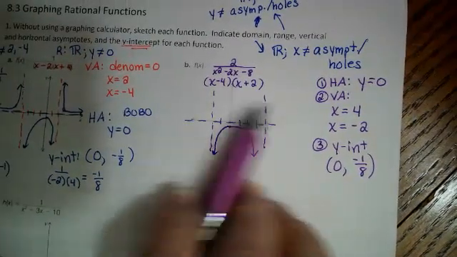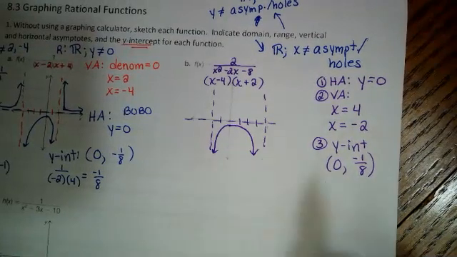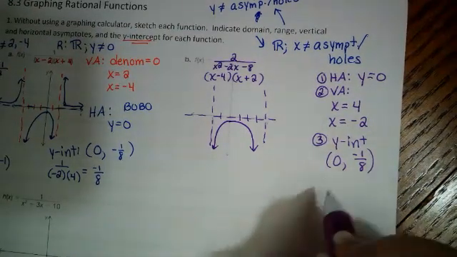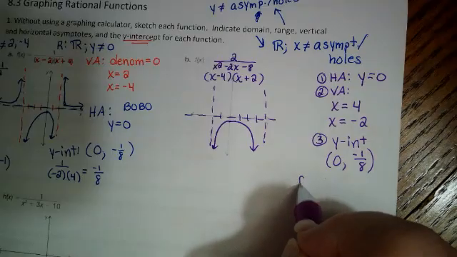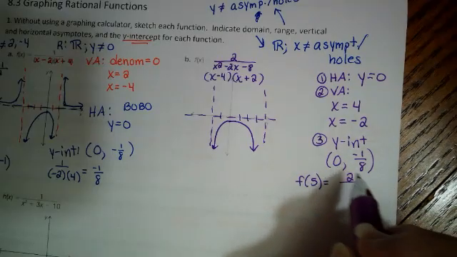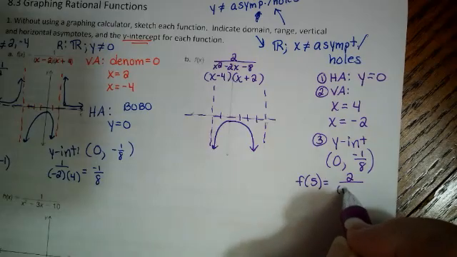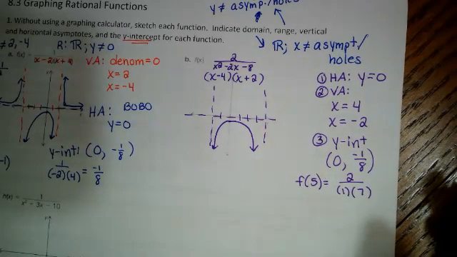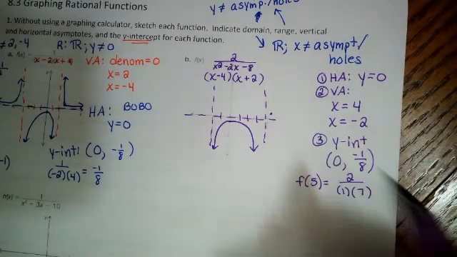And now for my 2 branches on the top, we can just plug something in. Let's say we plugged in 5. So f of 5 would equal 2 over 5 minus 4 and 5 plus 2. Looks like 2 over 7 here.